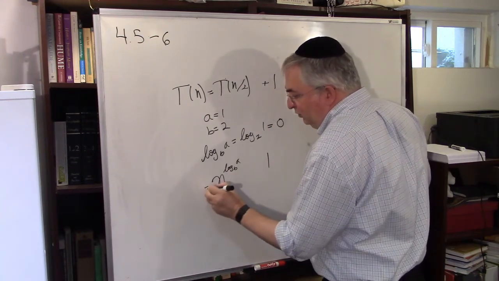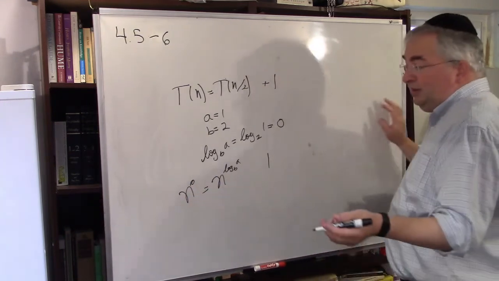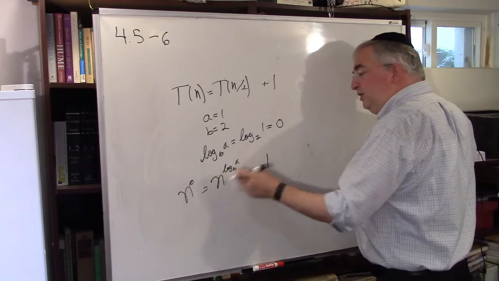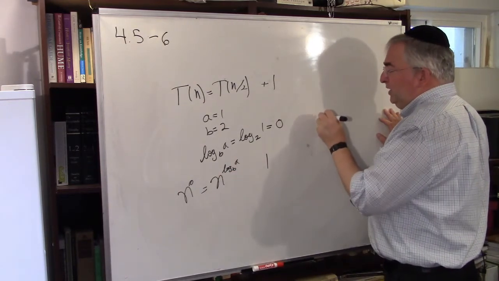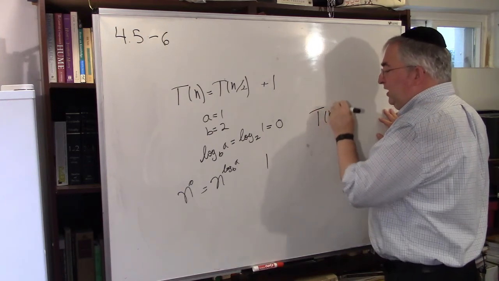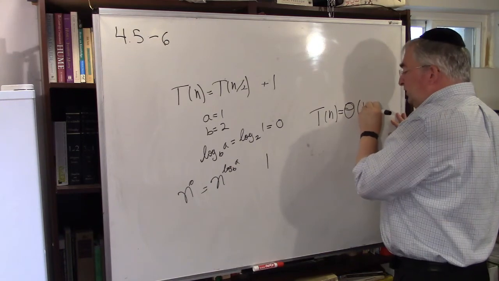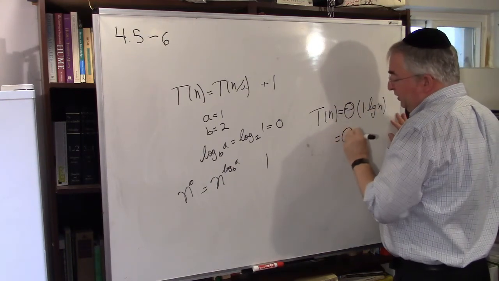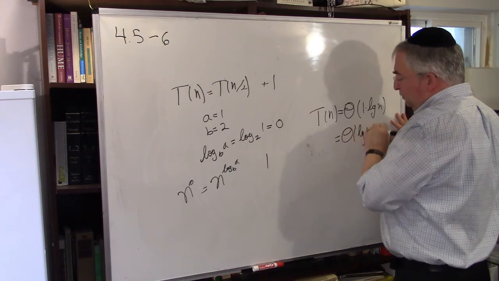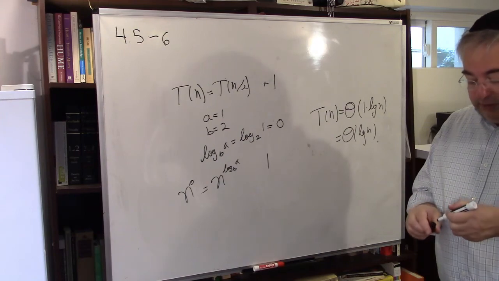This is equal to n to the 0, so that's actually equal. And so there you use the middle case of the master theorem, and the answer is T of n is equal to theta of 1 times log of n, which is theta of log n, which is exactly what binary search does.